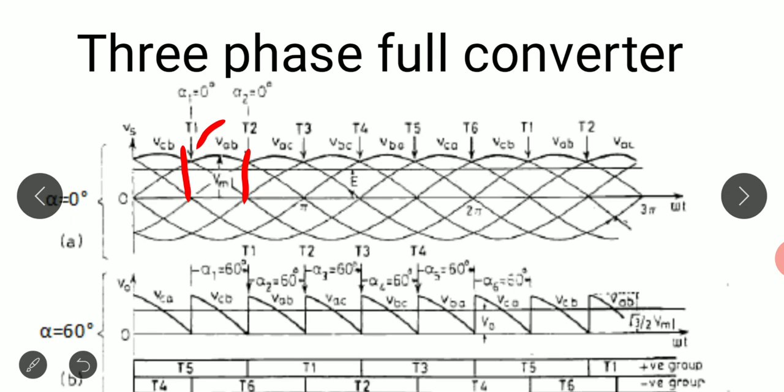VA is positive in this interval, and this is VAC, that means A is positive with respect to C.